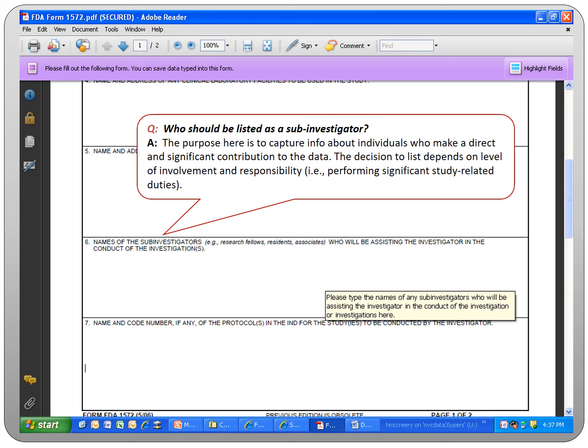That's really wide and open for discussion internally. So your site will probably have, and if they don't, it would be very helpful to have, an SOP about defining sub-investigator, so that all your 1572s are filled out the same way with regard to defining sub-investigator.